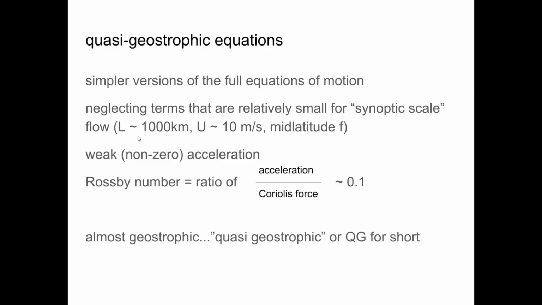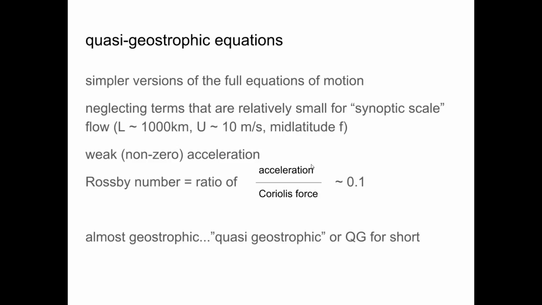Now, if we do scale analysis, which is what we would do in dynamics, to come up with a dimensionless number that we can factor all the terms, we would see that we could come up with a Rossby number, which is basically the ratio of the acceleration to the Coriolis force. For this type of flow, we would find a fairly low Rossby number, around 0.1.